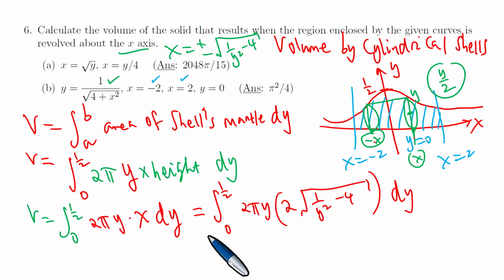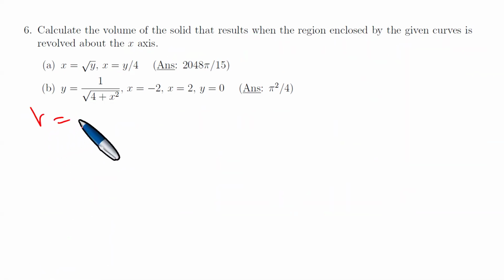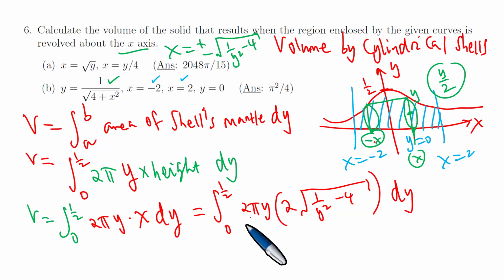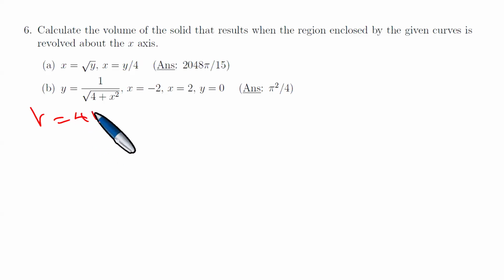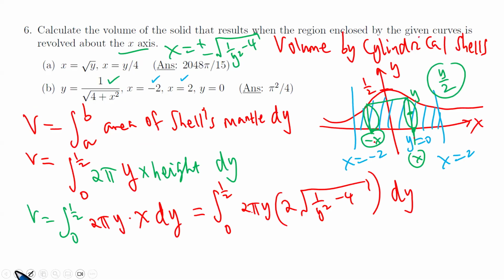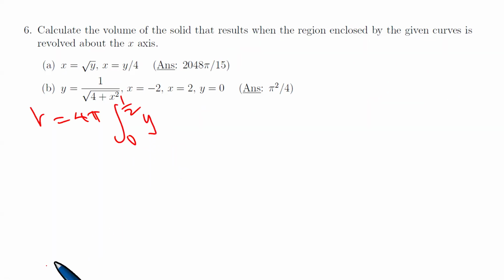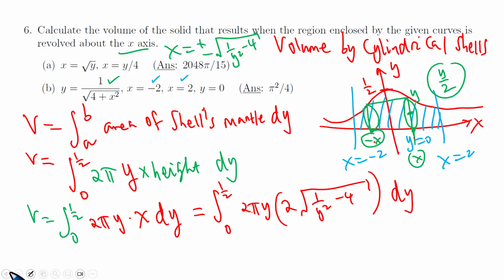So now let's check this out. So we're going to have the following. Yeah, we're in business now. V equals. Okay, now you have the 2 pi y with the 2. Then you're going to have 4 pi, the integral from 0 to 1/2, 4 pi, and then you have y.